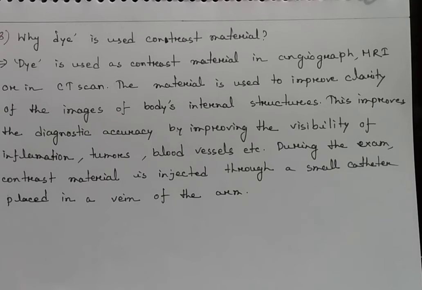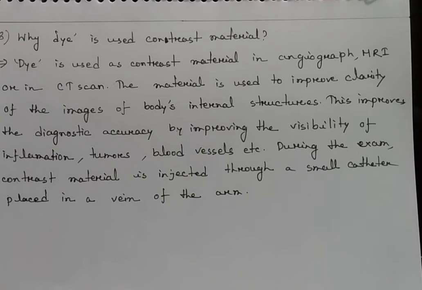What is the reason for this? Especially in angiograph, in MRI, or in CT scan. In this type of diagnosis process, the dye is used as contrast material. The material is used to improve clarity of the images of the body's internal structures.